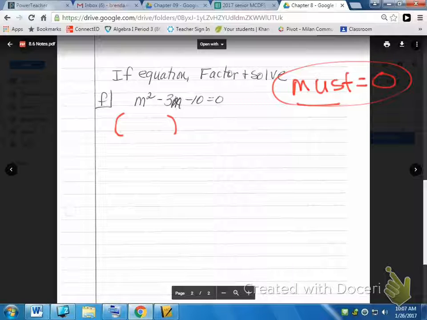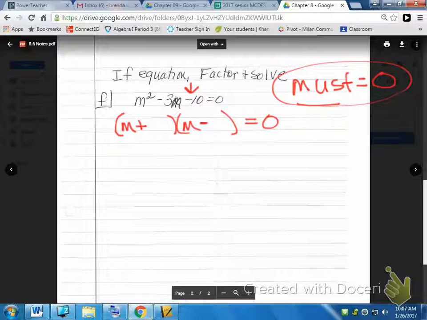Anyway, 2 sets of parentheses, set that equal to 0, because this is an equation. M squared, what's that going to tell me? M and M. Okay, I don't know if it's peanut or chocolate. Just kidding, that was little M&M humor. There is a minus in front of the 10. What does that mean to you? Different signs, plus and minus.